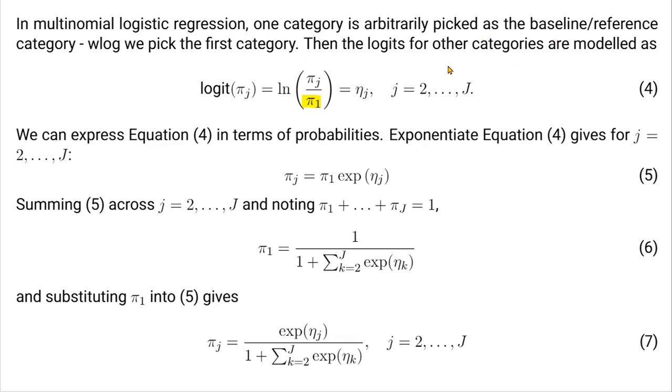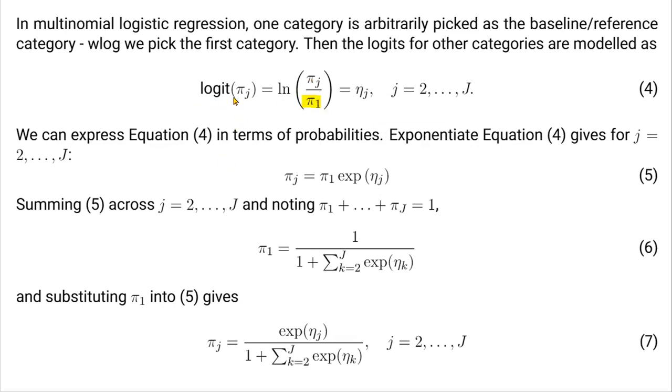We have capital J number of categories, and what we're going to create is 2 to J, so capital J minus 1 number of equations. And the equations are given by the logit ones. Remember, this guy here, highlighted in yellow, is the first category you're using as the baseline group. So you're comparing the probabilities of each group to the baseline.